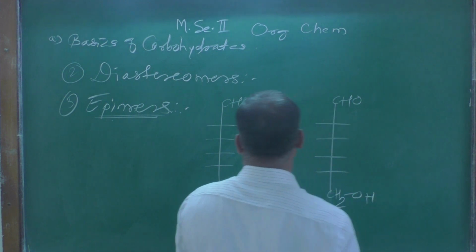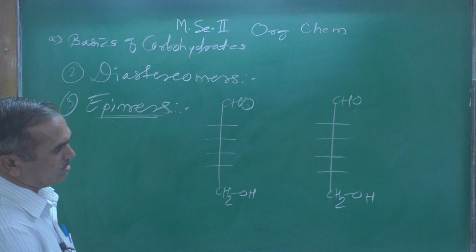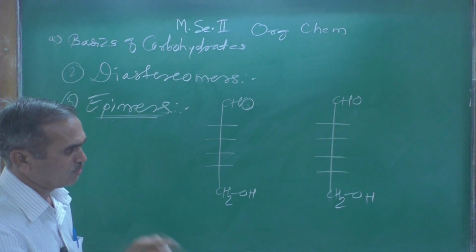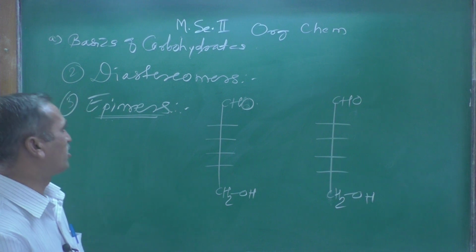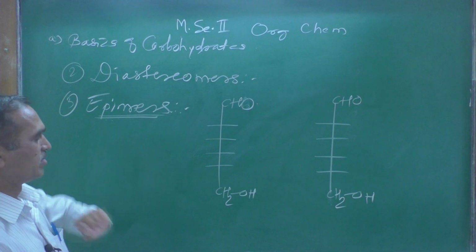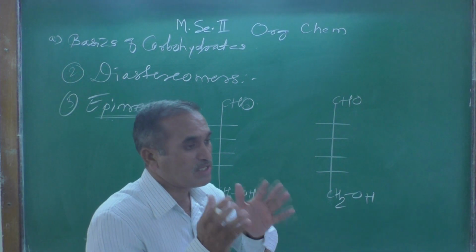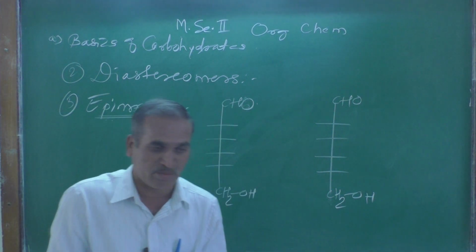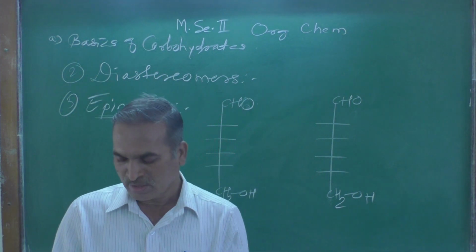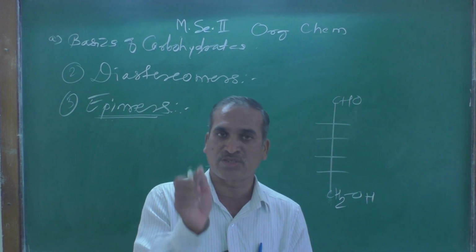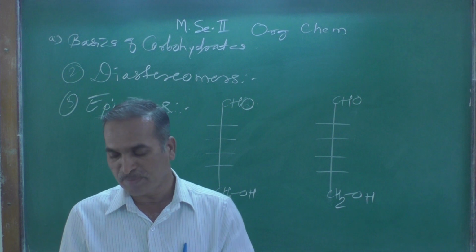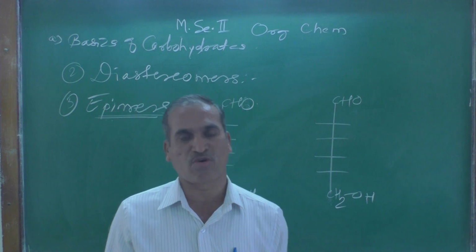Now I have drawn two structures here. Observe these two structures carefully, and once you do, you can understand the meaning of epimers as well as its definition. According to the definition, the optical isomers that differ in configuration at only one carbon atom are called epimers, that is, anomers of each other.